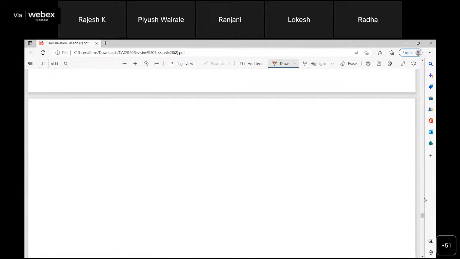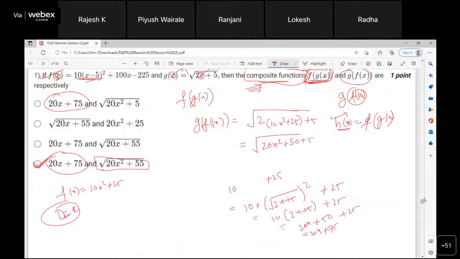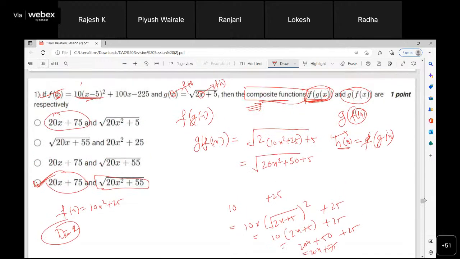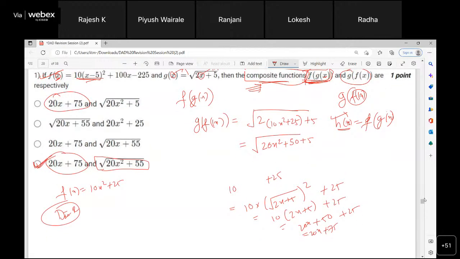See, I'm getting g of f of x as square root of 3x plus 15. How? G of f of x, right? What is our f of x? 10x square plus 25, right? I just simplified it.